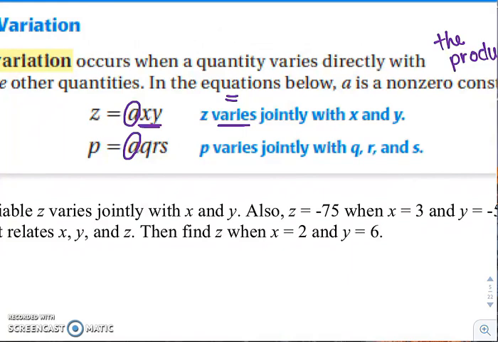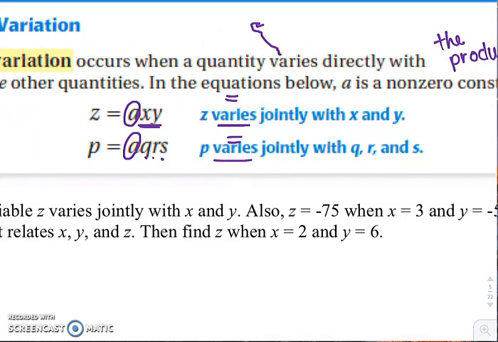That's here. P varies jointly with q, r, and s. P varies means p equals, jointly all multiplication, q, r, and s. All there. A is not mentioned. You guys just have to remember that that constant of variation is in every single problem.